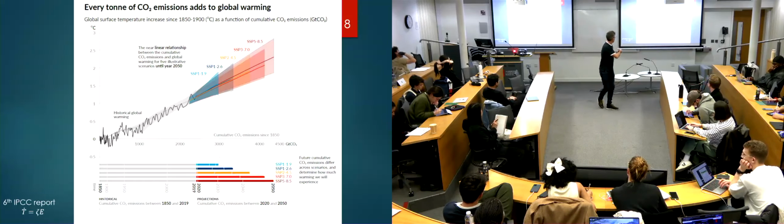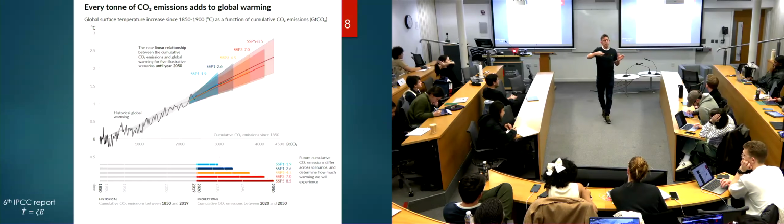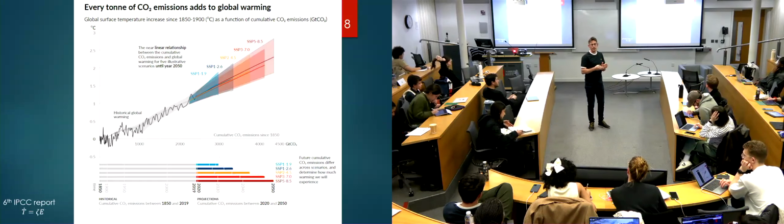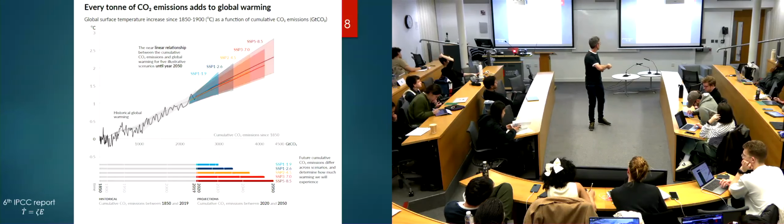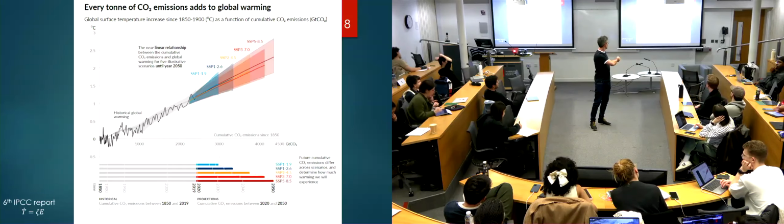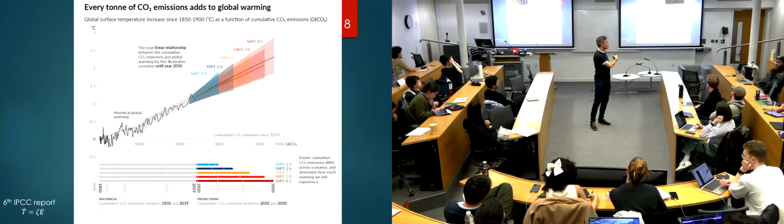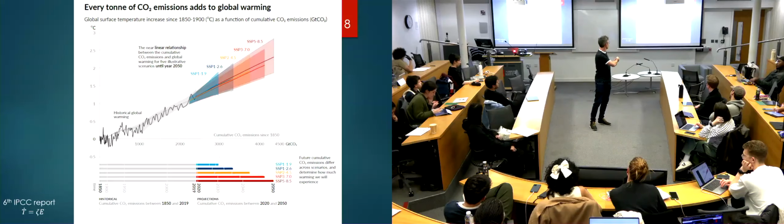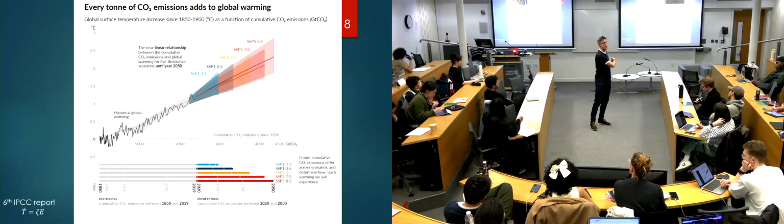These different colors are different scenarios going from very rapid reduction of emissions to an increase in emissions. So SSP5, like this one, is the hottest scenario. And it shows that whatever scenario you follow, the only thing that matters for temperature is how much cumulative emissions you have. All the lines are almost the same.